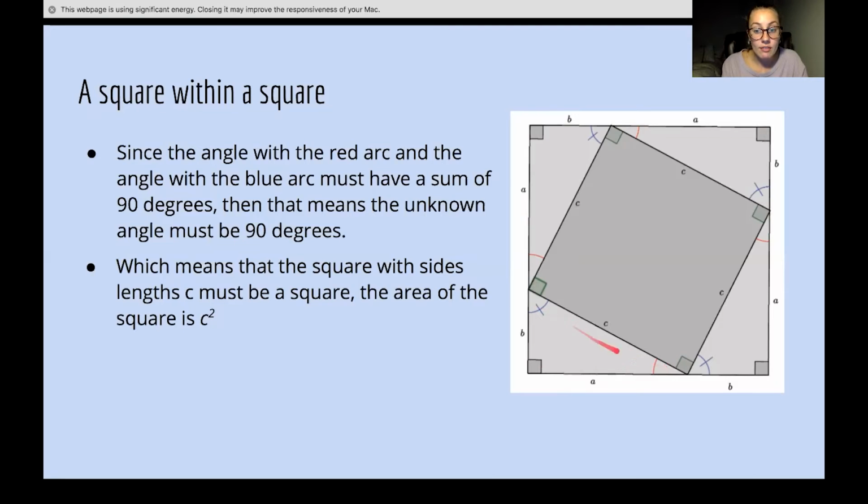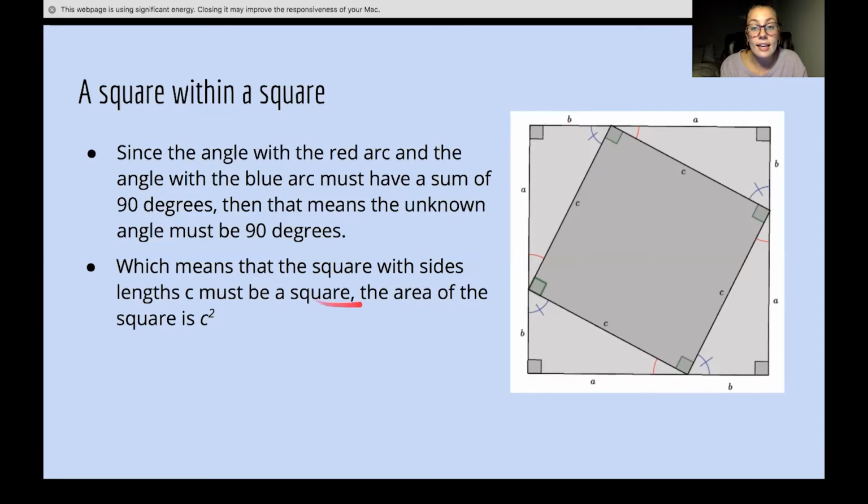So these all correspond and they're congruent. Whatever we see is true for this triangle is true for this triangle and is true for this triangle.